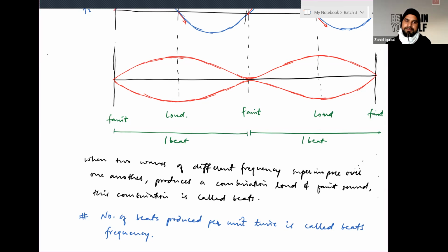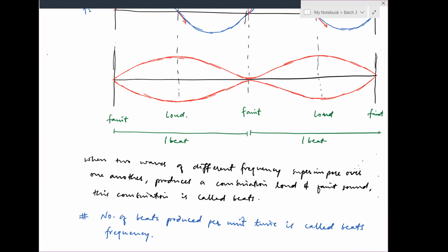Yusuf, done? They're writing the definition. Okay.